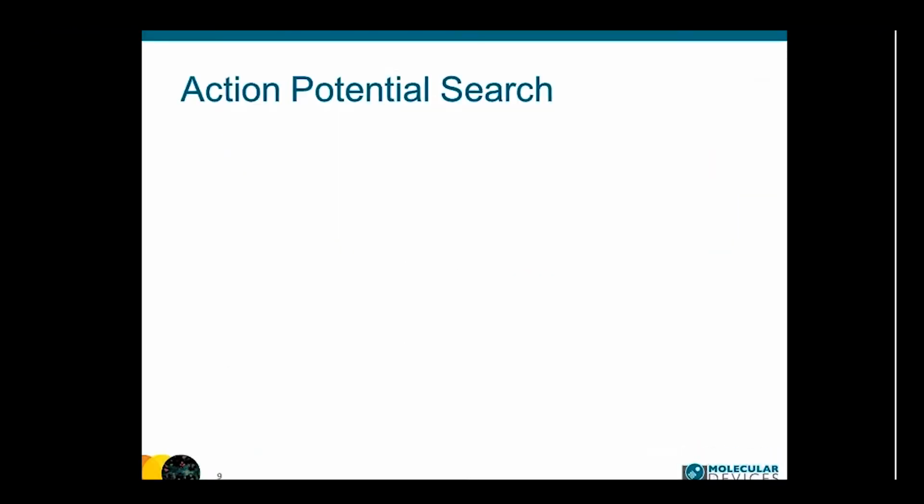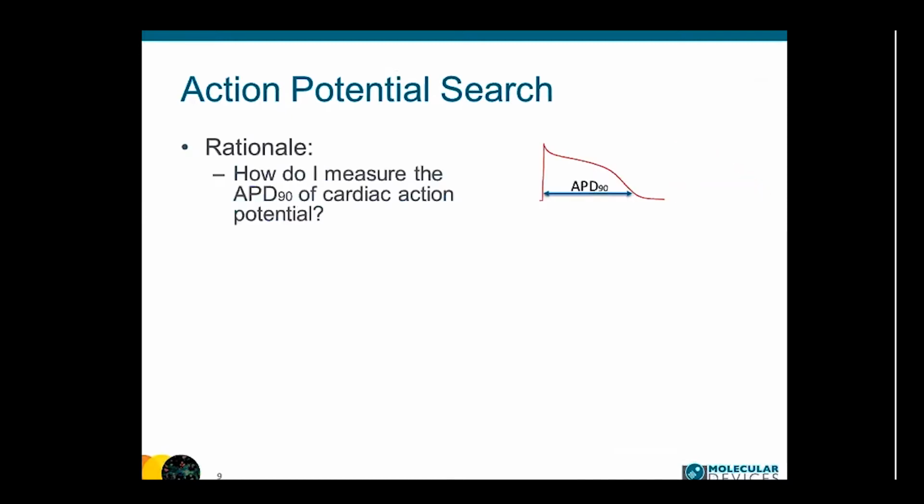I know some of you are very happy right now to see, wow, pCLAMP 11 has this nice population spike search. Now, not only that, we also have an improved action potential search. Now, why are we doing this? In the past 10 years, a lot of you asked me, how do I measure the action potential duration 90 of a cardiac action potential, right?